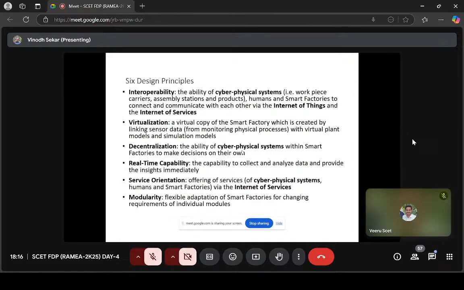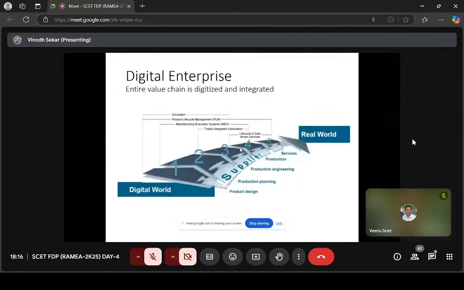The fourth is real-time capability, which deals with the capability to collect and analyze data and provide insights very fast. And the service aspect is also gaining much importance in the modern manufacturing scenario. And modularity is about how smart factories can flexibly adapt to the changing requirements of the individual modules. So these design principles are very essential, and they govern the execution of a smart factory.